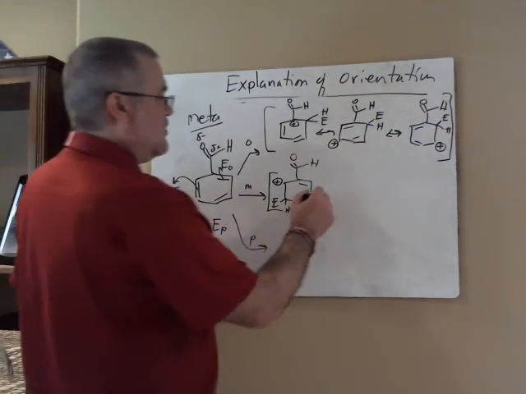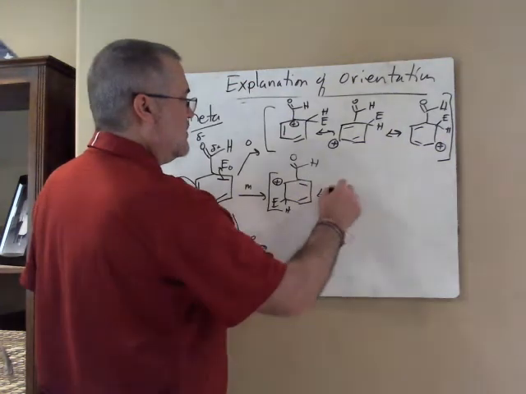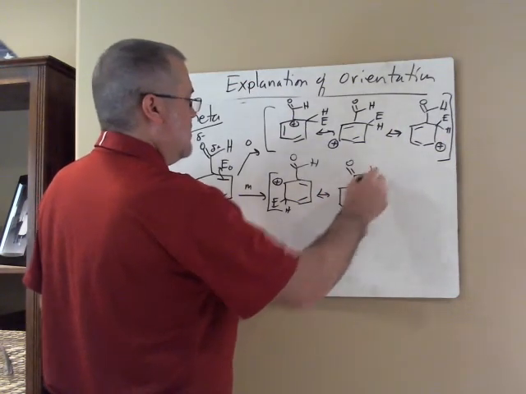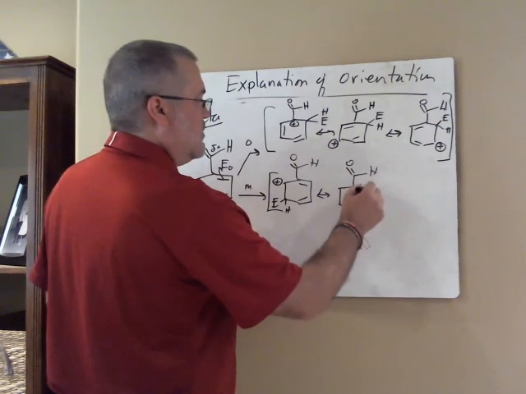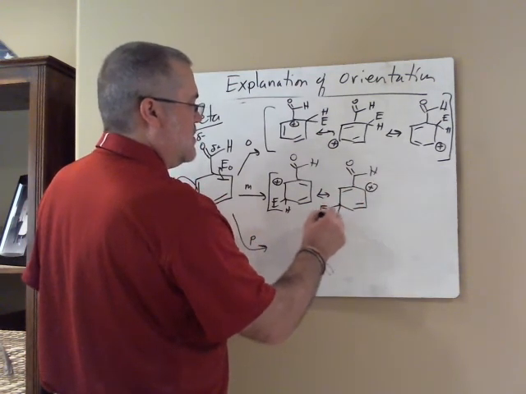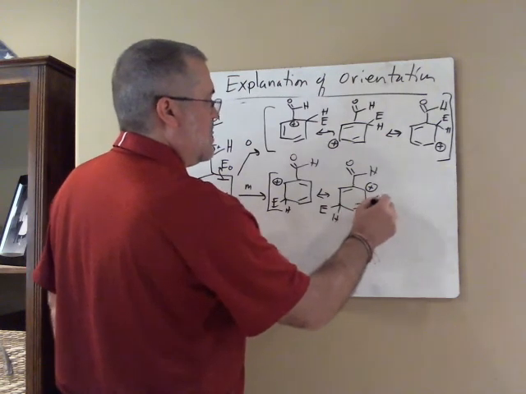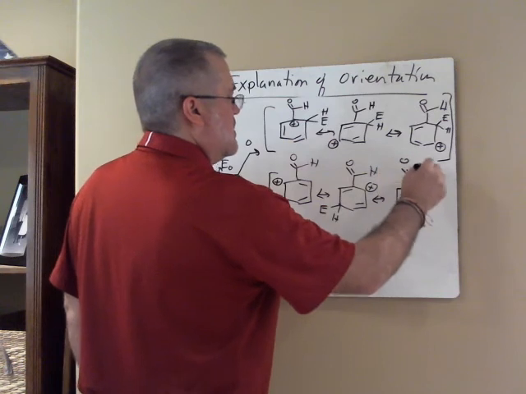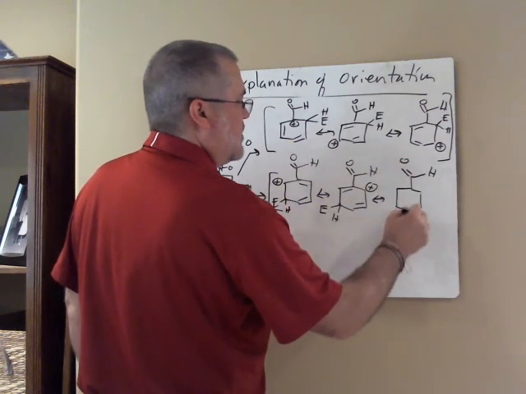And then I can draw two resonance forms for this. All right. I can move plus charge to there. Or the last resonance form is where I move the plus charge to there.